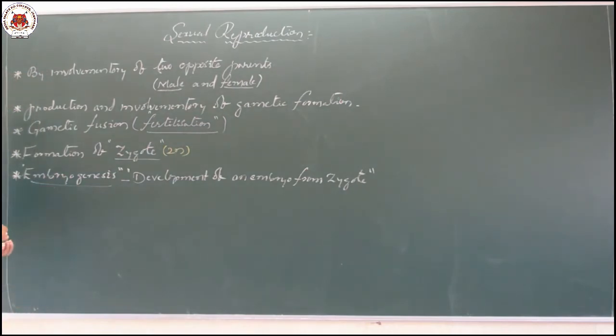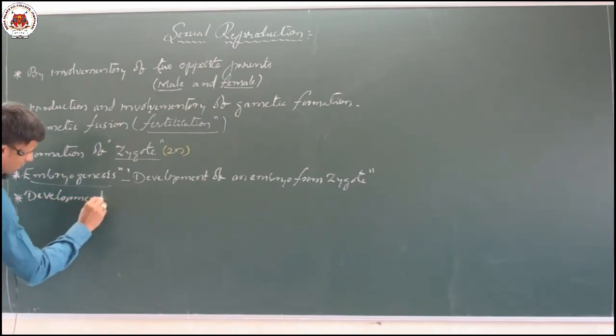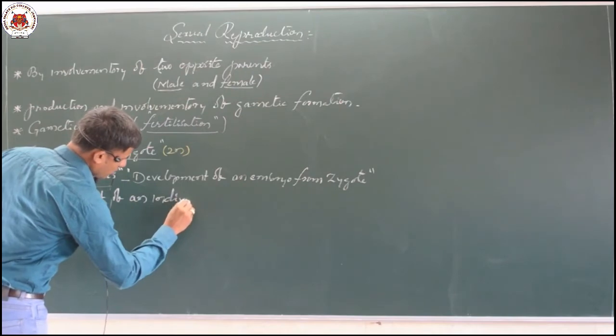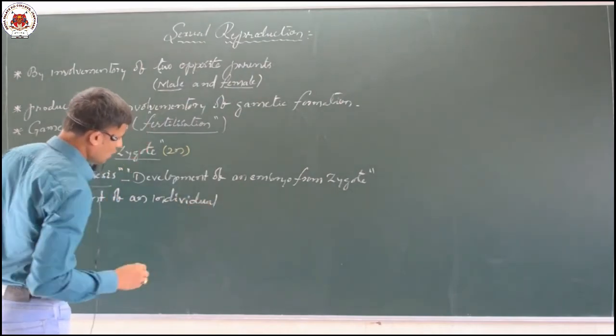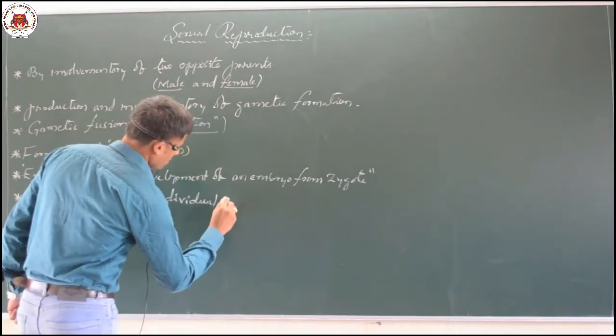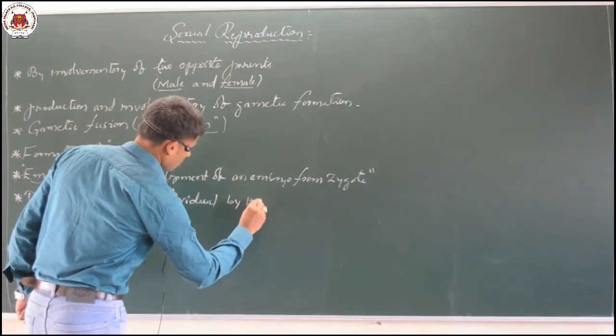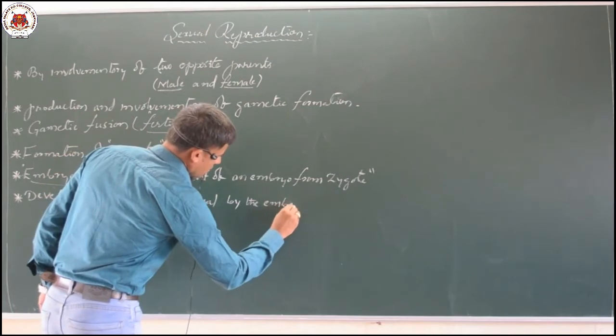And after this embryo formation, the embryo develops into a new organism, an individual, by differentiation and developmental mechanisms. That is the development of an individual from the embryo.